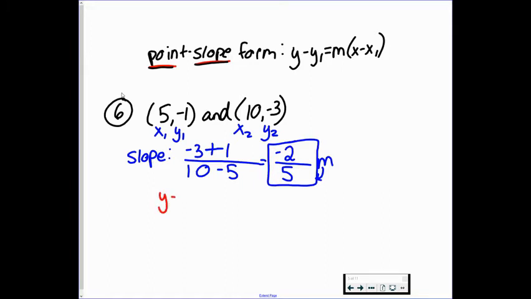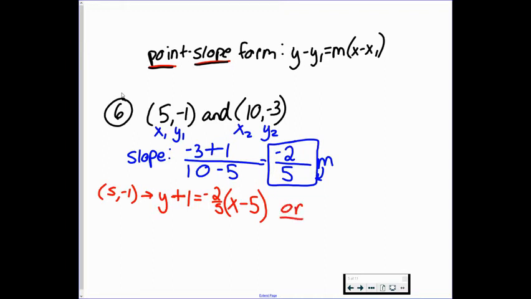Y minus y1 is -1 equals m times x minus x1. So there's one way you could write that equation, and these two negatives make a positive, using that first ordered pair, (5, -1).